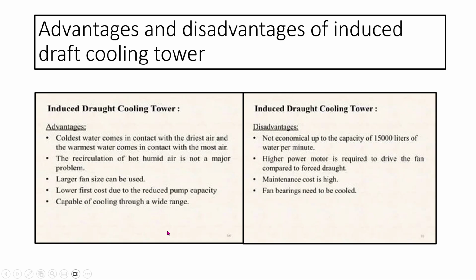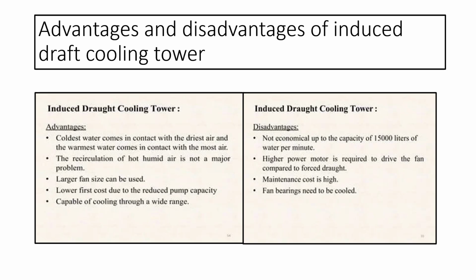A wider range is possible, in the cooling water in and cooling water out temperature range. It can be run with that, and the range is high. And here, for induced draft fan, the disadvantage is it is not economical up to capacity, because 15,000 liter per minute water capacity is not so economical.